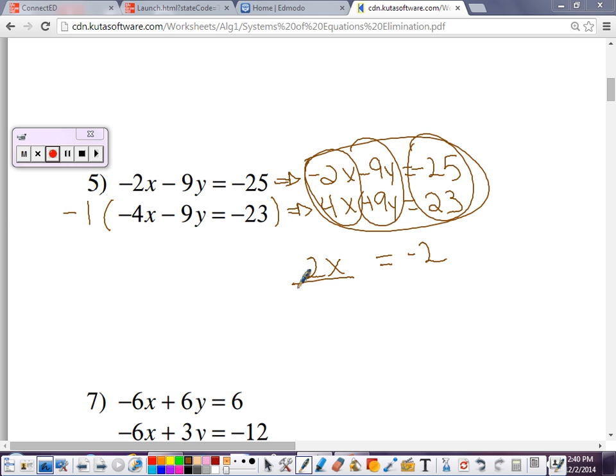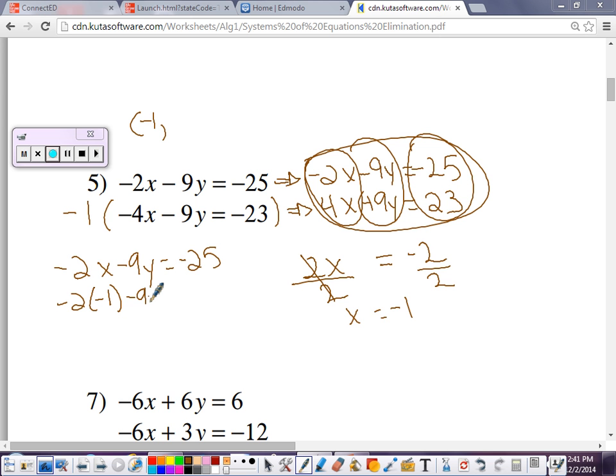Now I just divide by the number that's with my variable, which is 2, and I get x equals negative 1. So now I know that in this solution, x has to be negative 1. Now I'll pick up my first line again, and anywhere I see an x, I'll replace that with negative 1 to help me find what y is.